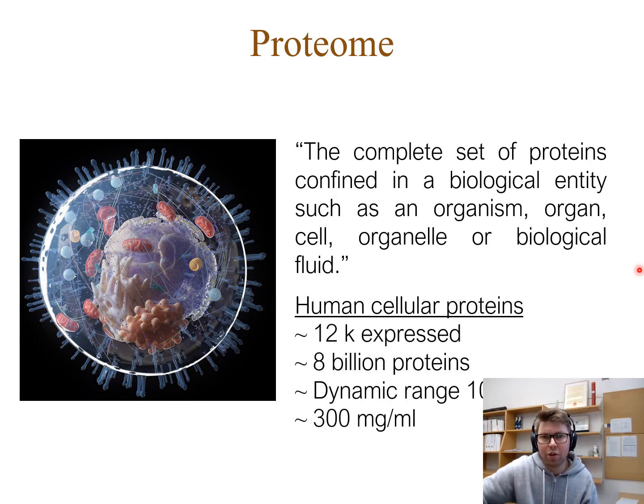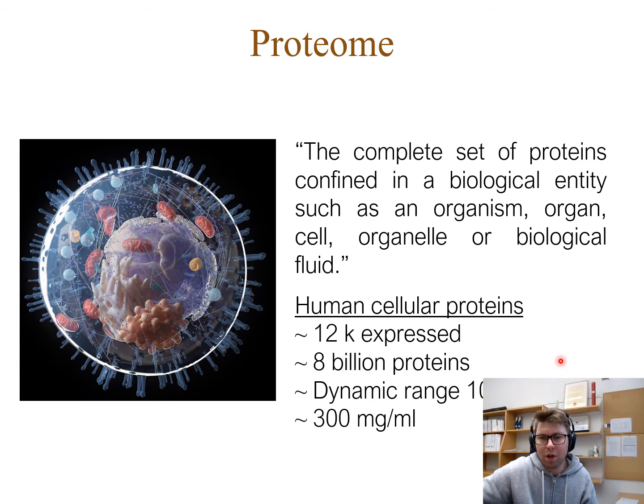Looking into the human cellular proteome, a typical human cell expresses roughly 12,000 proteins out of the 20,000 protein coding genes. And these collectively make up 8 billion protein molecules, and they have a dynamic concentration range of between 1 and 10 million, and a collective protein concentration of 300 milligrams per milliliter.